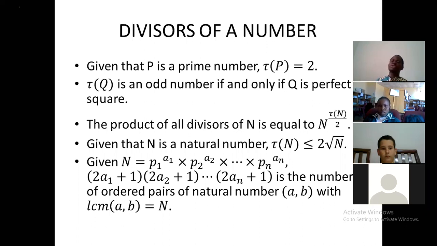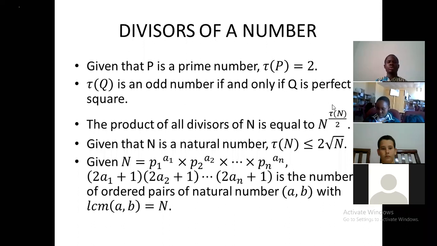So if you have a question, they say tau of x is equal to 343. What is x? And you have a list of numbers, and you quickly go through. You see all of them are even except one. Only one perfect square is amongst them. The rest are not perfect squares. Just know that the one which is a perfect square is the answer, because it's only a perfect square that the tau of it can be odd.